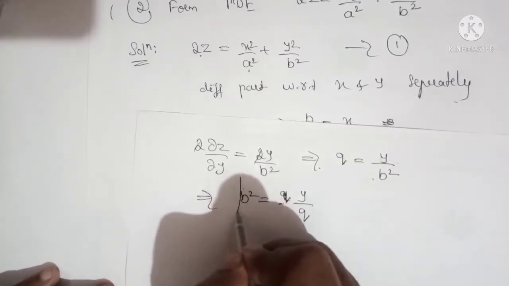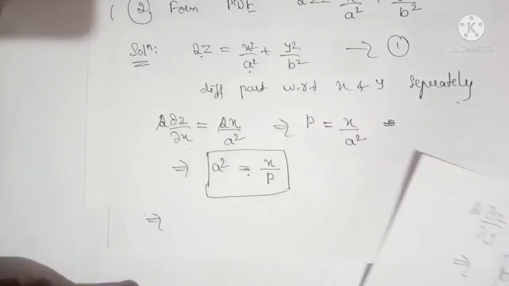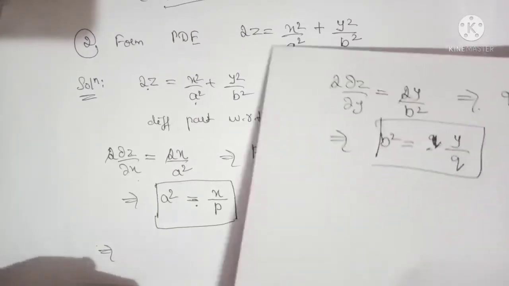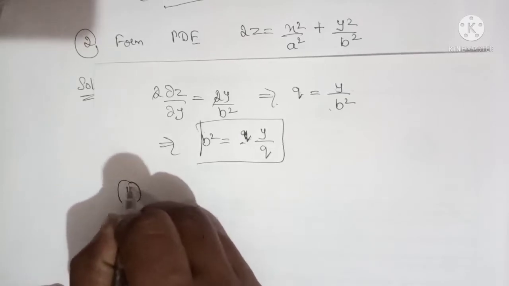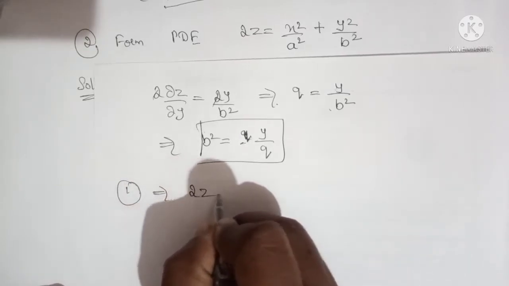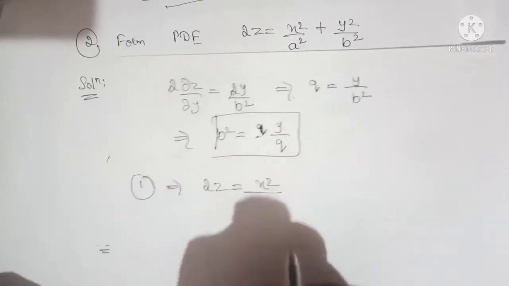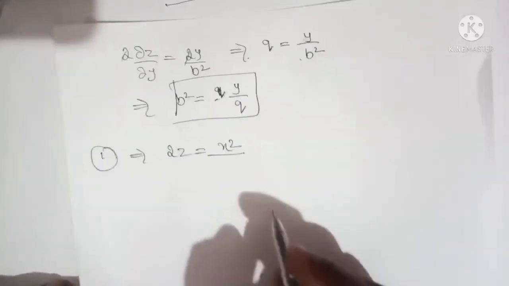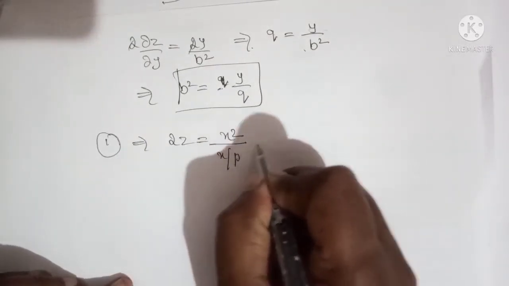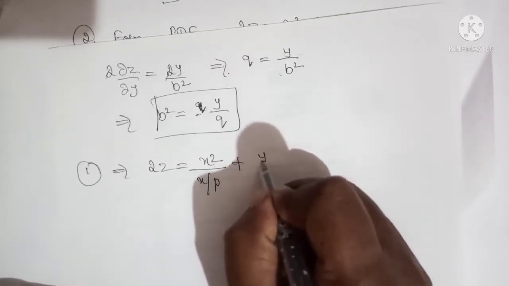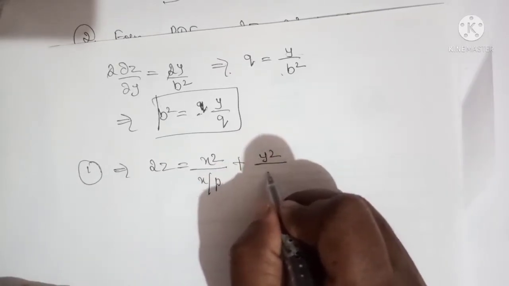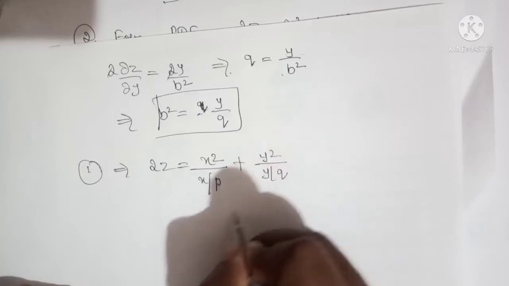So now substitute a square and b square value in the given equation. So given equation 1 becomes 2z equals x square as it is. A square means x divided by p, plus y square as it is. B square means y divided by q.